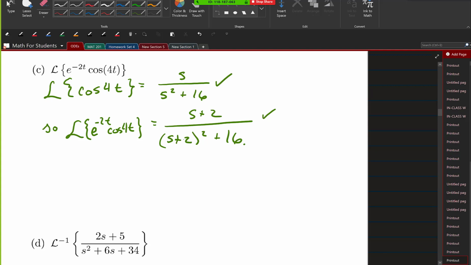I just added 2 to the 16 instead of adding it to the s. But that's important that it happens right inside of that function, right in place of the s. You're replacing s with s minus a. In this case, it was a plus 2.